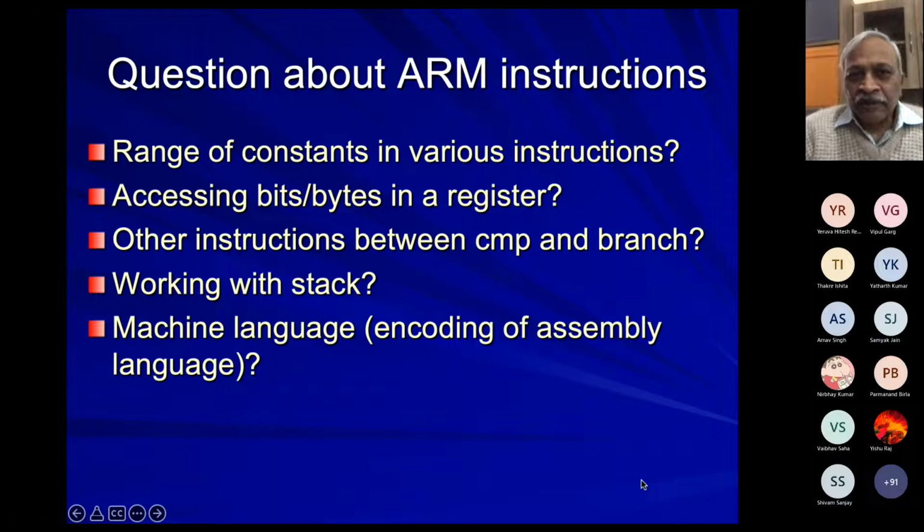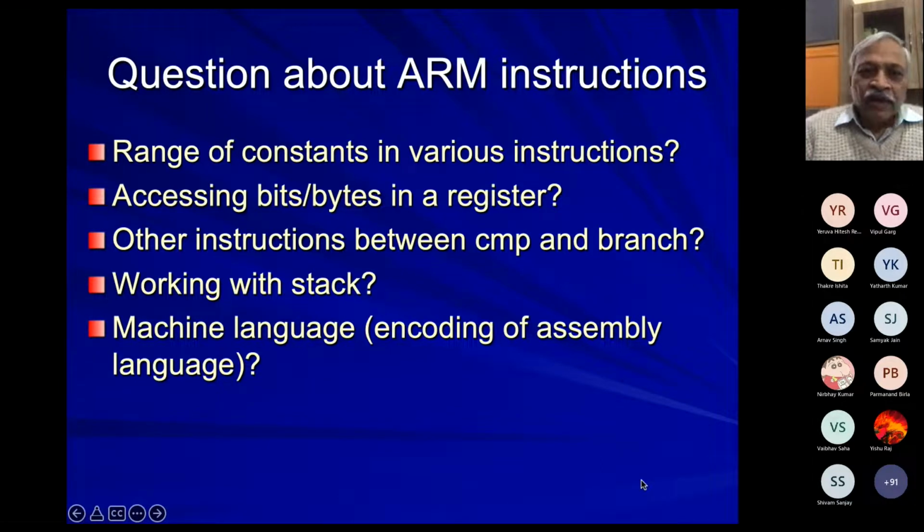So there's a limitation because each instruction is of size 32 bits, and obviously one of the key things in an instruction is the opcode, or what the instruction is going to do. So obviously not all the 32 bits are left for specifying a number. We will see how in different instructions different limitations are there.